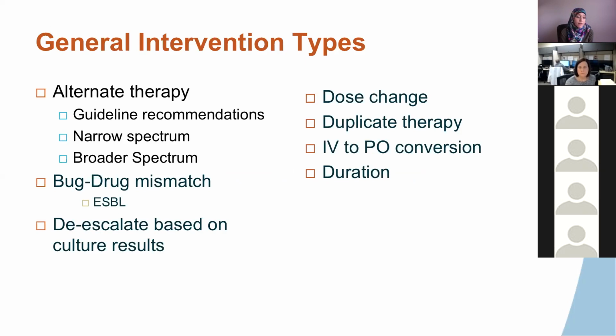And if I have cultures, is there a bug-drug mismatch? For example, do I have ESBL growing that I need to switch to alternate therapy? Also, if I have cultures, can I streamline or de-escalate based on the cultures that I have? Some other things we'll go over later, like dose change or reviewing duplicate therapy.